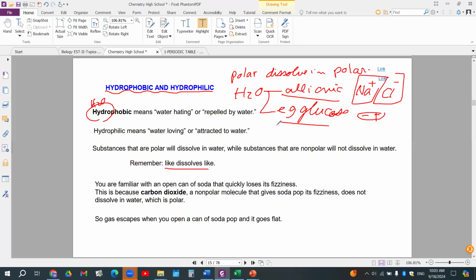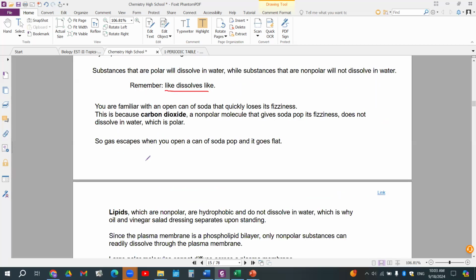Non-polar also dissolves non-polar. Example, alcohol. We use alcohol to clean oily stains.